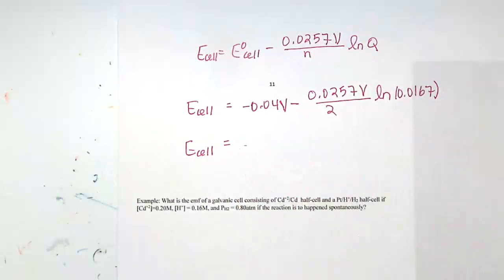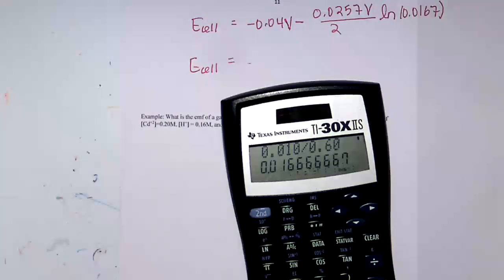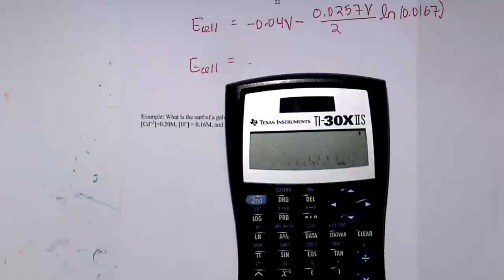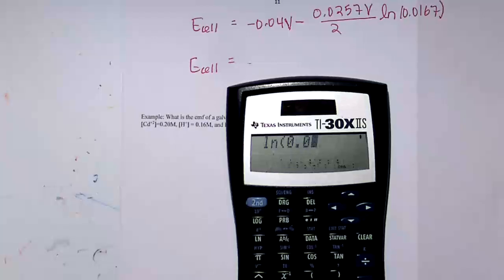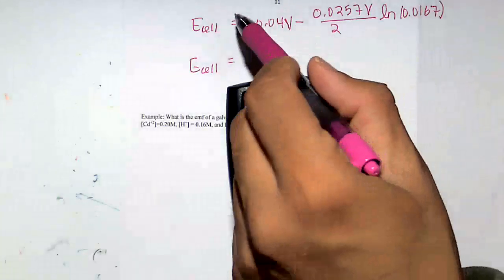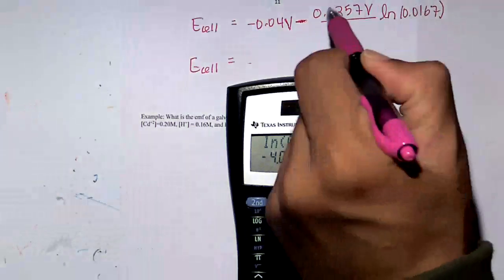All right, do you guys know how to do this whole thing in your calculator? Let's do it together. First I would do natural log of 0.0167, times a minus. Everyone look, there's a minus here.